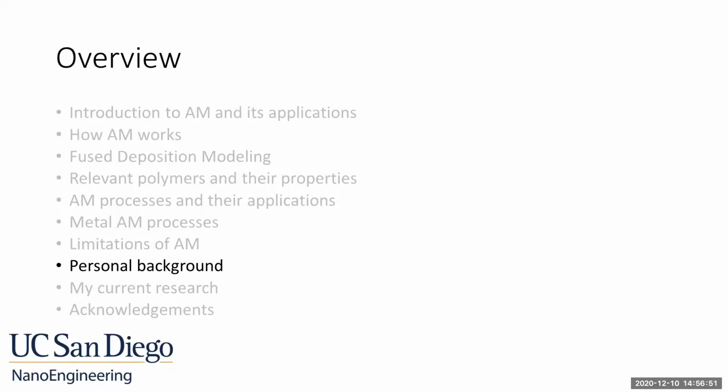Yeah, I have a quick question. So instead of building one layer at a time, have people tried removing one layer at a time? Because that's one way in which we can have the advantages of casting and the accuracy of 3D printing in a single process. You mean like conventional machining?